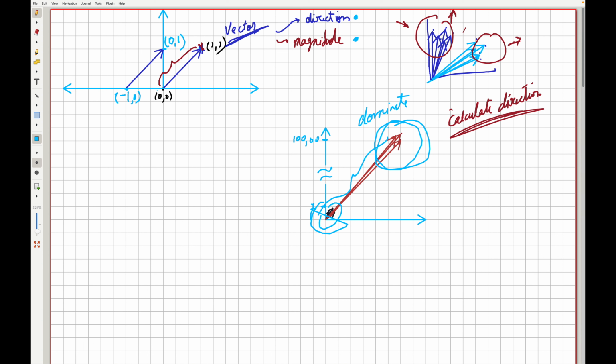So the point to note here, when we talk about what a vector is, is that we can think of it as an arrow pointing in space, just as we see here, the blue arrow. It gives us information of the direction, and as we saw, that can help us separate out or classify data points. Then it gives us magnitude, which helps in scaling the data points that we have.